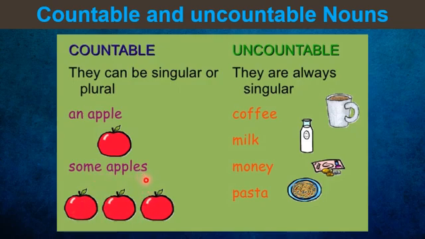We make the noun plural, as you know from the previous lesson, by adding s to the end of the noun. Look at the s here. We add it to the word apple to make it plural. So countable means we can say 1 apple, 2, 3, 4, 5, 8, 10, 100 apples, so we can count them.